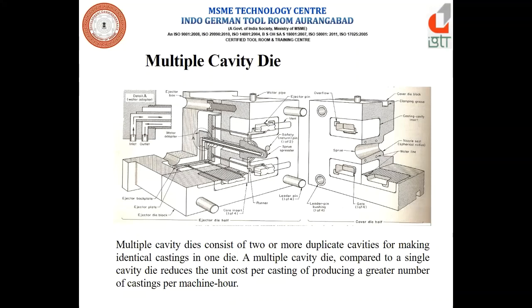In addition, multiple cavities may sometimes produce better castings, because symmetrical spacing of cavities often provides a more uniform thermal balance in the die and better distribution of mechanical force.